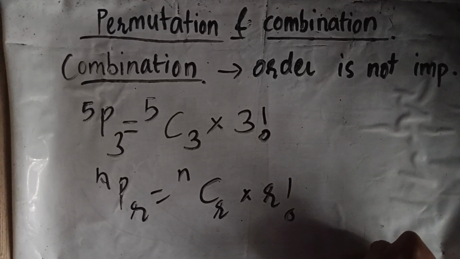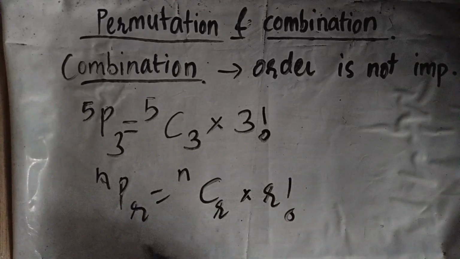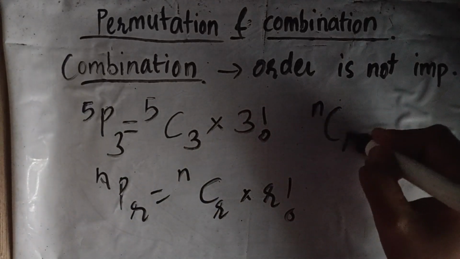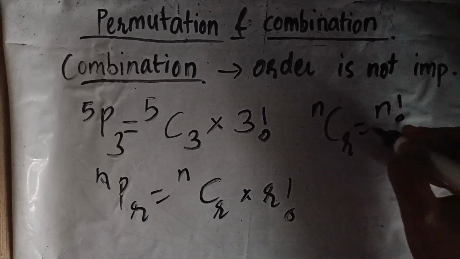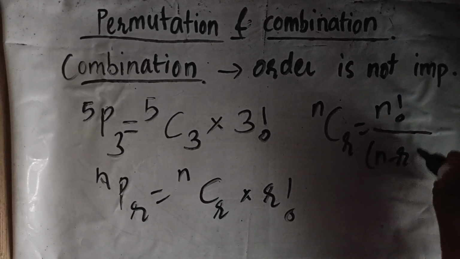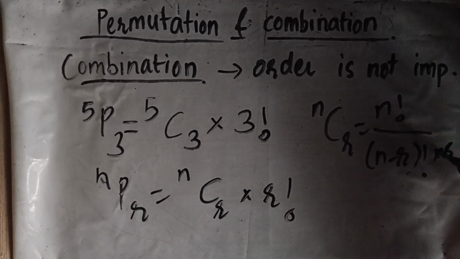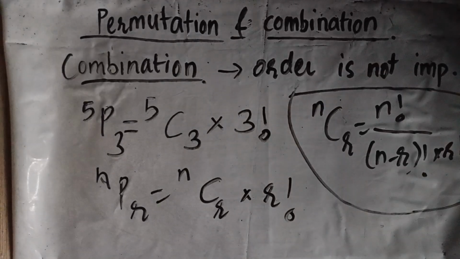And our formula for combination is given by nCr equal to n factorial upon n minus r factorial into r factorial. This is the formula for combination.